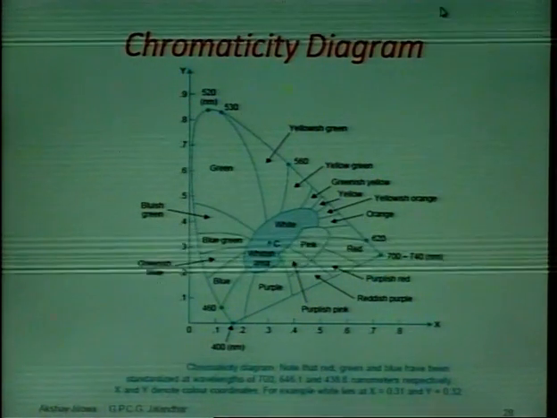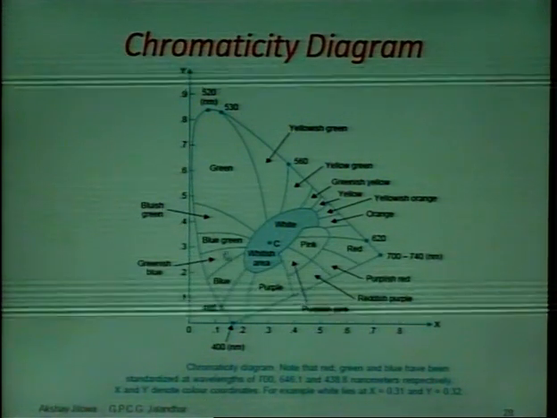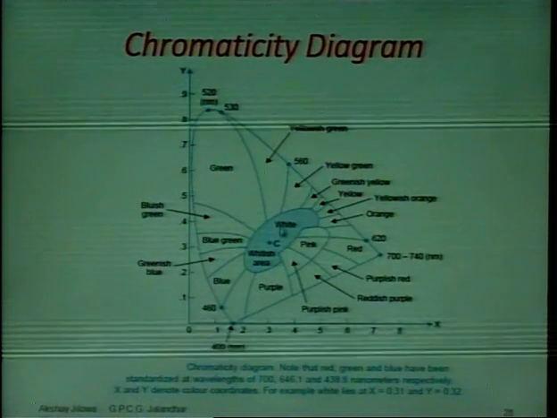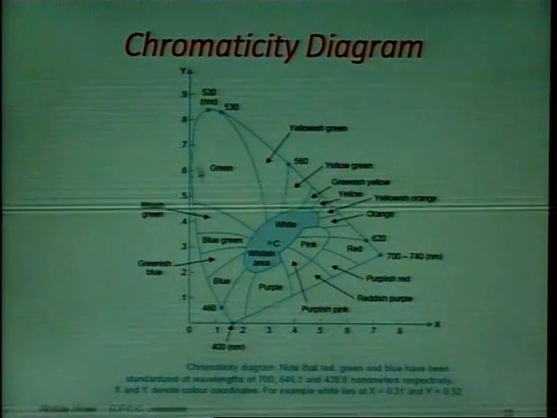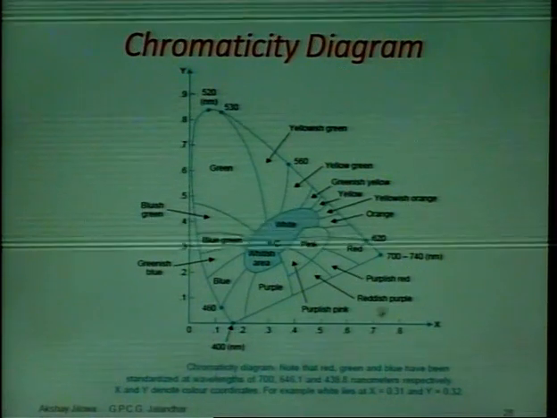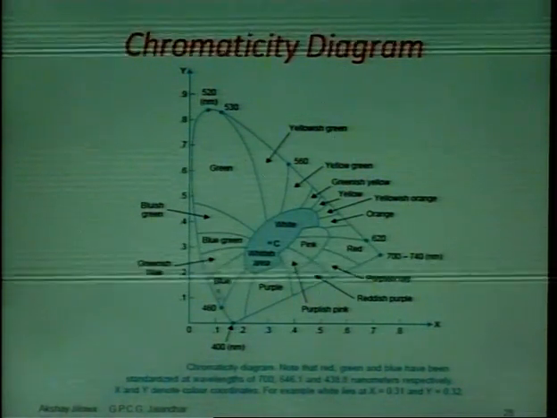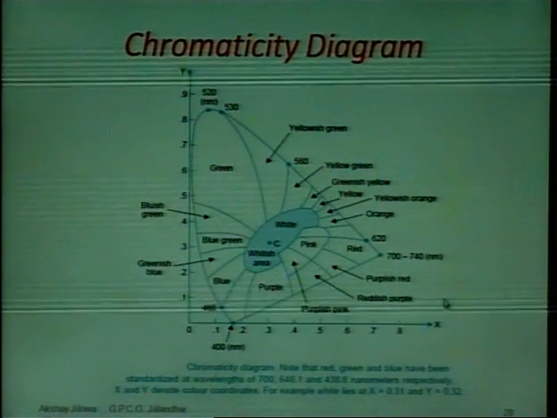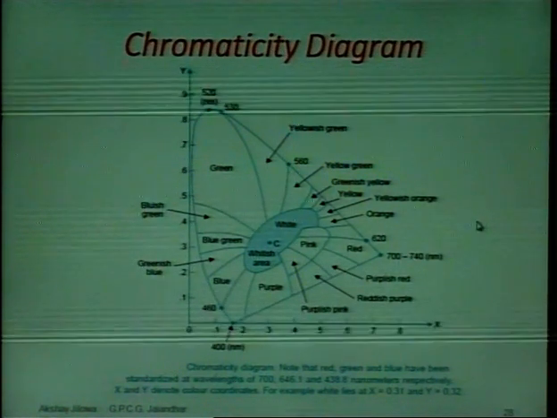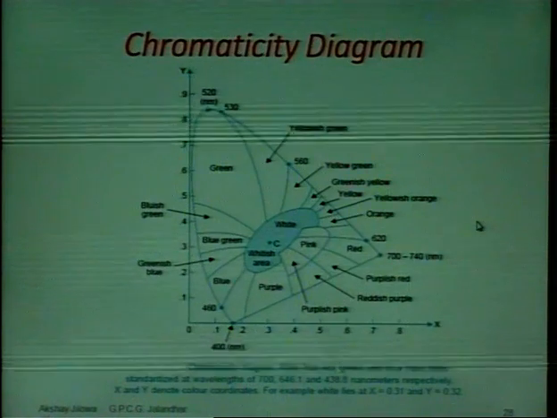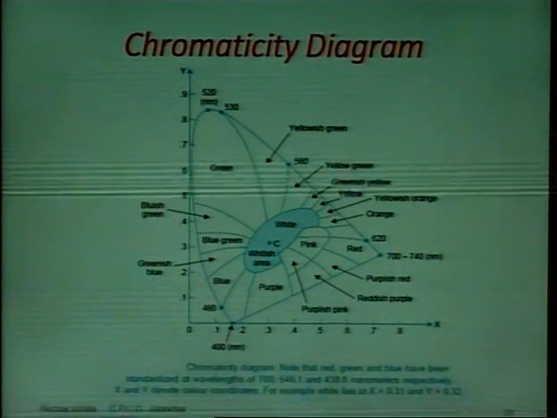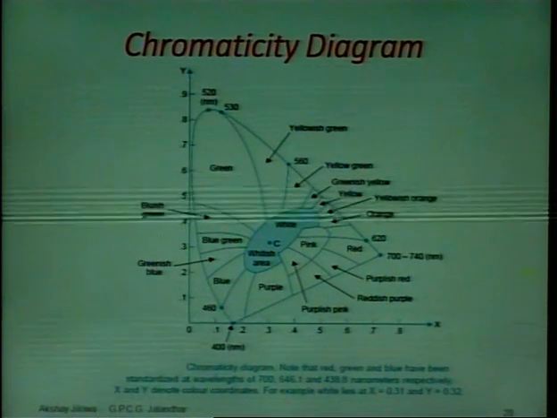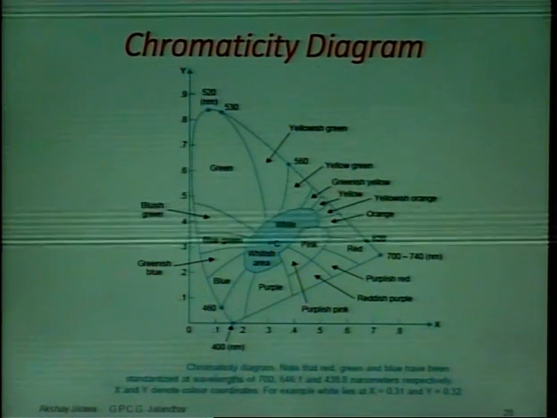Here is the chromaticity diagram. It is a 2-dimensional representation. Here we see the white, pink, red, yellow, green. We have all the colors and they are shown on a 2-dimensional plane. In the chromaticity diagram, red, green and blue have been standardized as wavelengths of 700, 646.1 and 438.8 nanometers respectively.